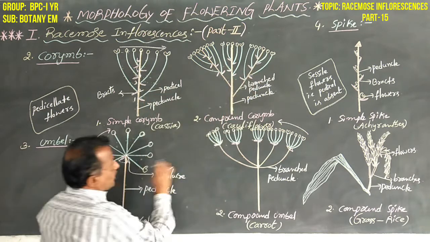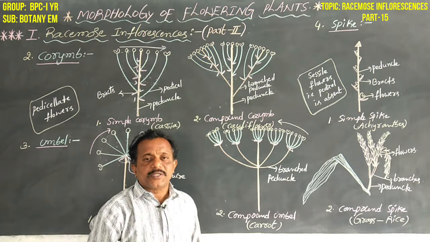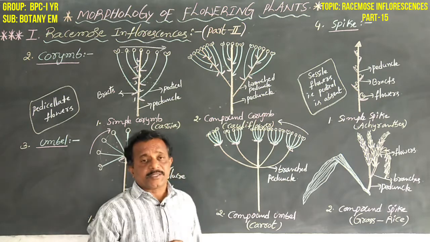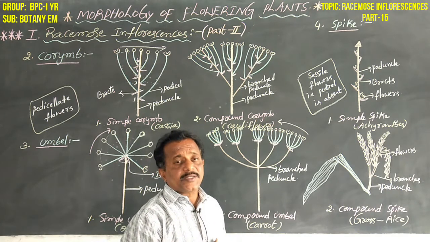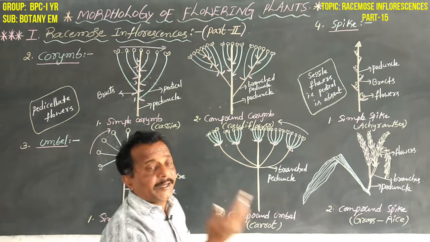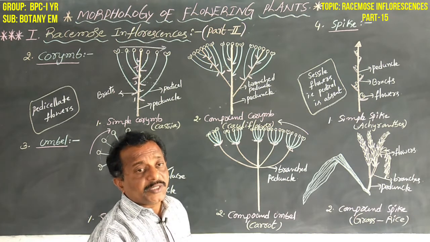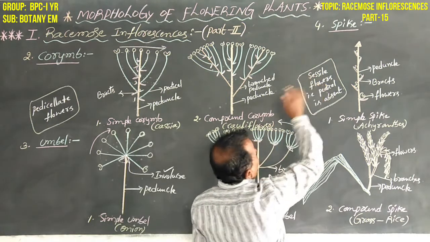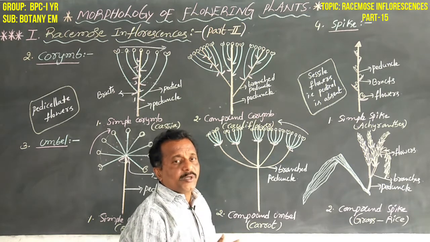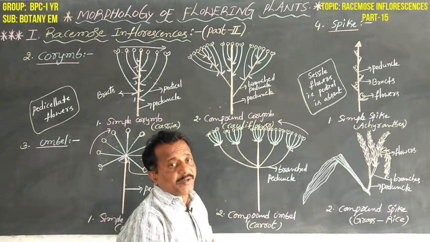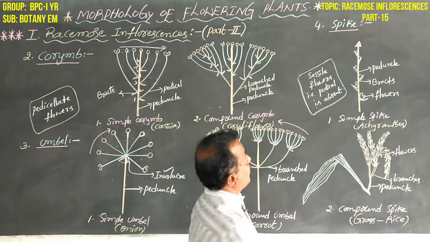Pedicels are clearly seen in raceme, corymb and umbel inflorescences. The remaining spike, spadix and head inflorescences do not contain pedicels. Pedicels are absent, so this type of flower is named sessile flowers.